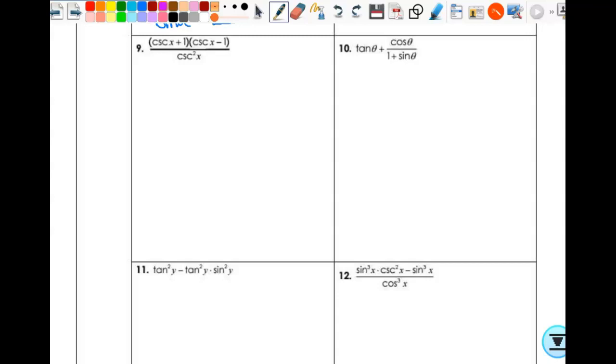The numerator looks like it's factored. Would those be easy to multiply back together? Because what is it? It's a difference of squares. So that means this is cosecant squared x minus 1 over cosecant squared x. Can I cancel out my cosecant squareds? No. That will send you to math prison, not even jail.